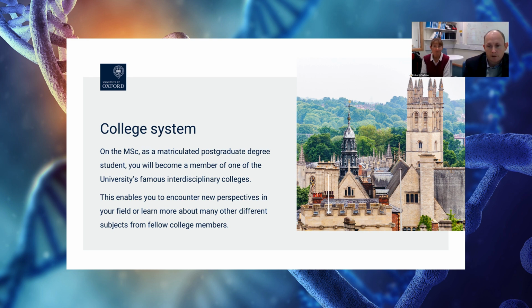So college is really like a home from home whilst you're in Oxford. They will help you, provided you apply early enough. They will try and help you with things like accommodation. You will have access to dining halls, great places to meet other students, both from your course and from other courses. That's why the interdisciplinary word is there.